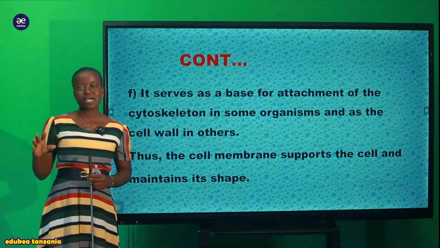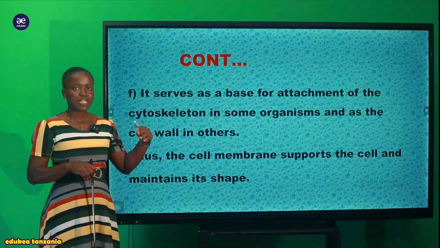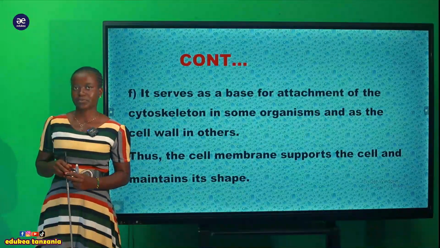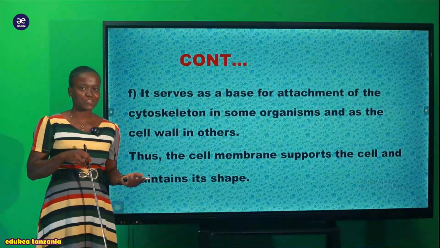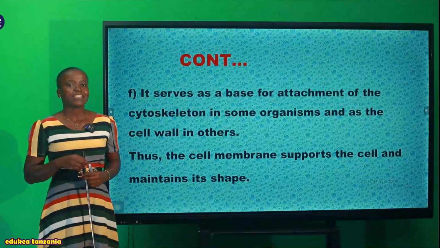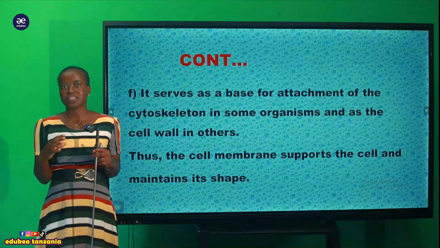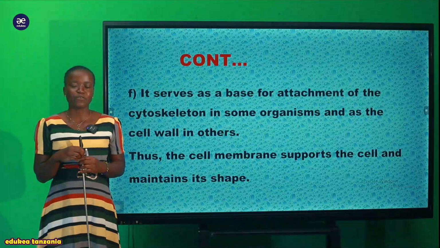So ukiangalia baadhi ya different kinds of living organisms, this cell membrane tends to act as a cytoskeleton. You know, the role of a skeleton is just to provide strength and to give the shape of different kinds of organisms.